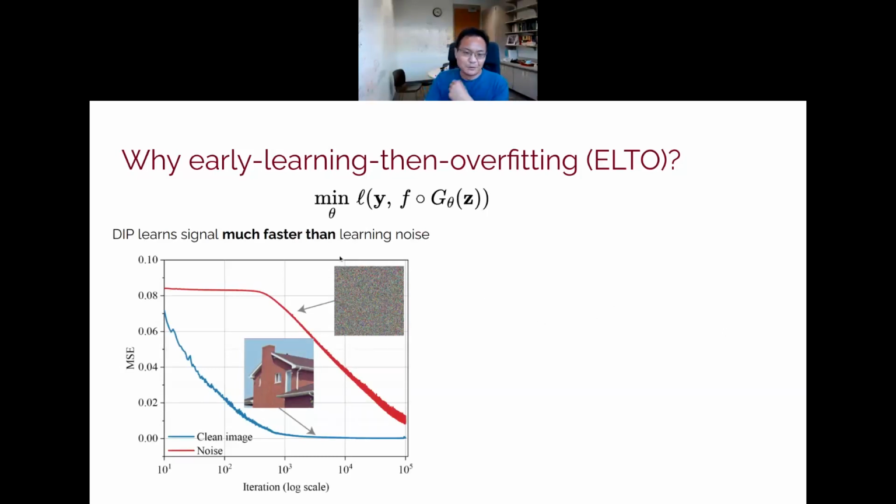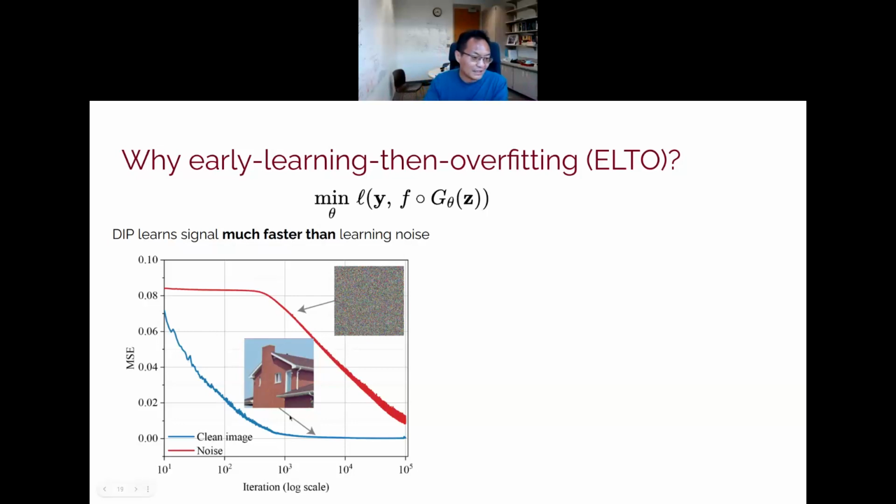If you run a quick test, let's say you just do a regression of an image, imagine this guy is identity, and we are trying to regress against a given image. Let's say the target is either a clean image or a random noise, totally random noise.